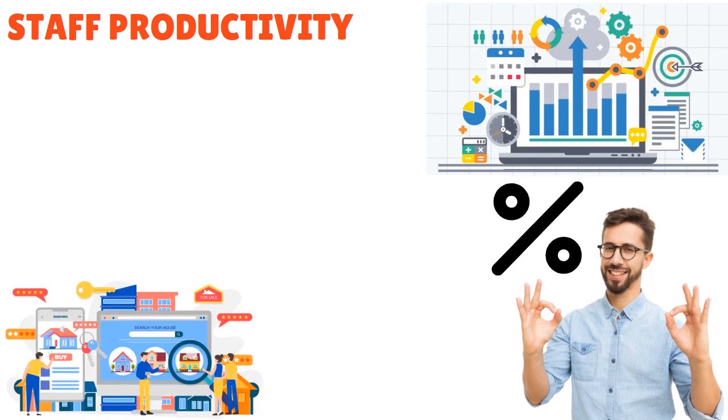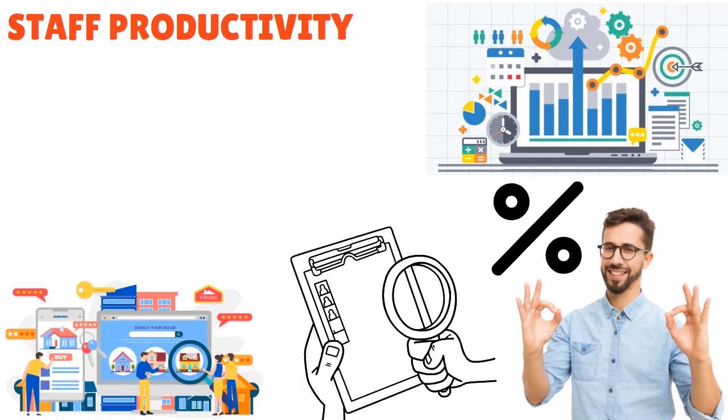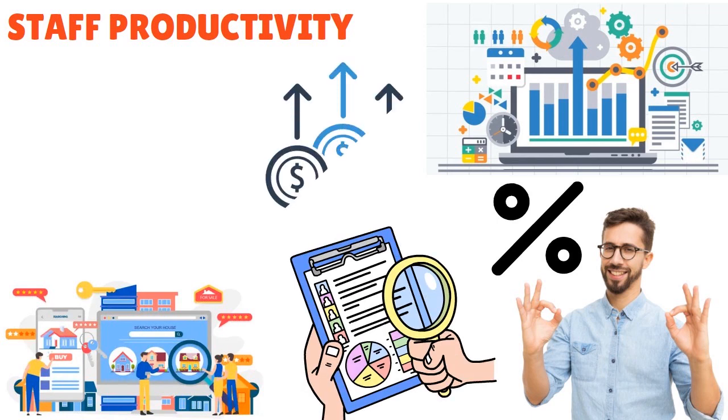Okay, so when it comes to accounts receivable performance metrics, you want to make sure you never forget your staff productivity. And it's not just about your accounts receivable staff. It can be your revenue management staff. Anybody who is involved in your company's revenue cycle should be factored into this equation.